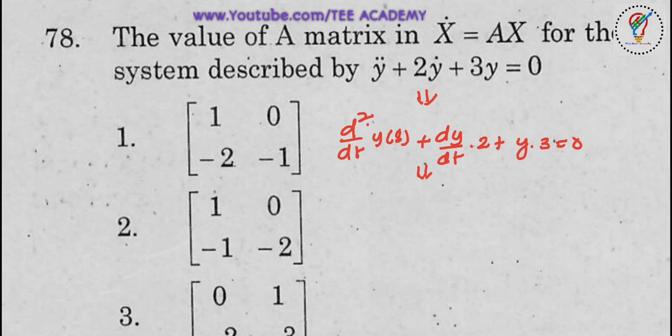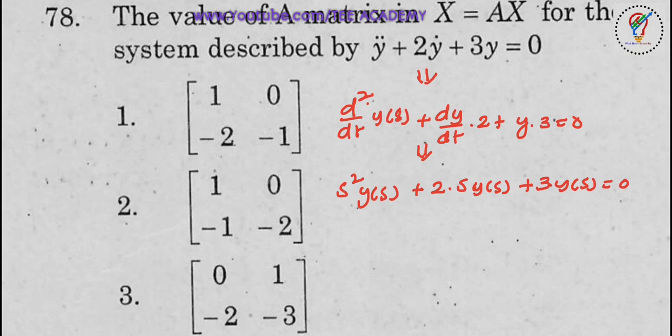Again, taking the Laplace transformation, I can write s square Y(s) plus 2 into s into Y(s) plus 3 into Y(s) is equal to 0.